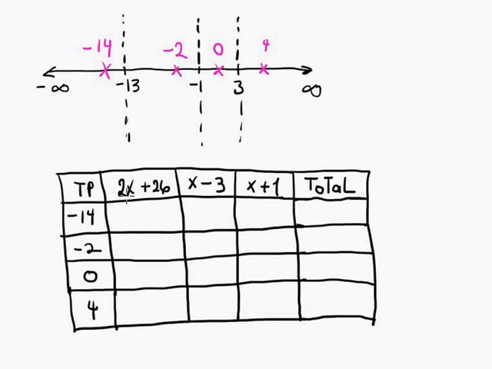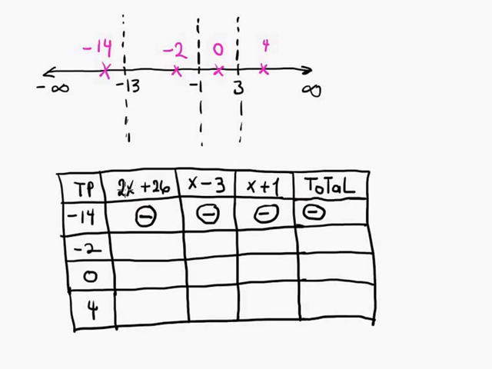Negative 14 multiplied by 2 is negative 28 plus 26, is negative. Negative 14 minus 3, negative 17, is negative again. And negative 14 plus 1 is negative 13, is negative. Three negatives, and the total sign is negative.